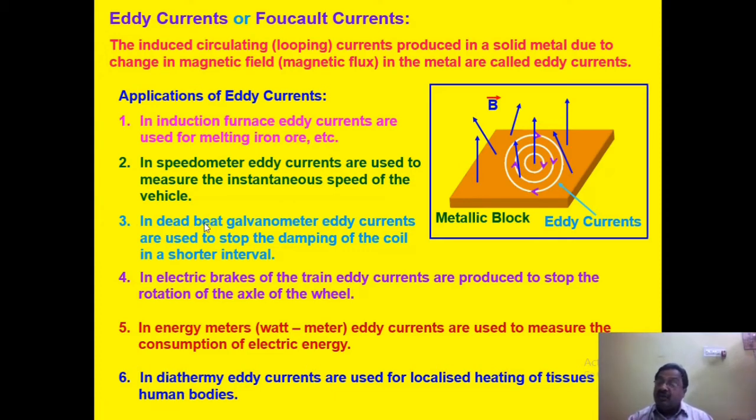In the field of medical science, in diathermy, eddy currents are used for localized heating of tissues in human bodies. So this is nothing but inductothermy. The brake used in trains may also be called magnetic brakes, right? So these are a few applications.